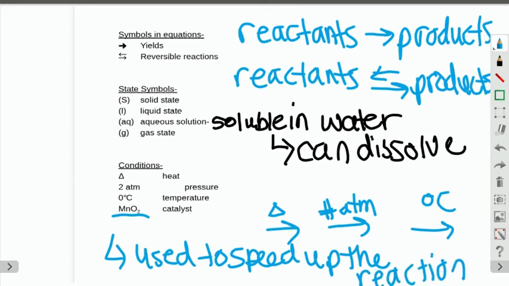And they will always be listed. So that triangle means that heat is applied, like with a Bunsen burner or something. Pressure can be added. A specific temperature can be listed, or a catalyst. A catalyst is just something that will speed up the reaction.